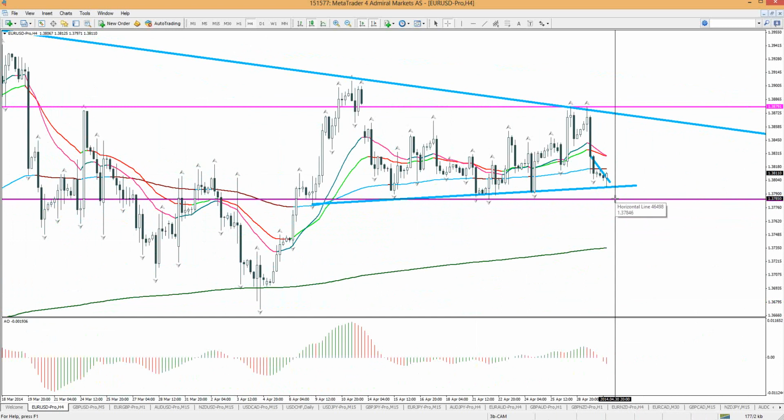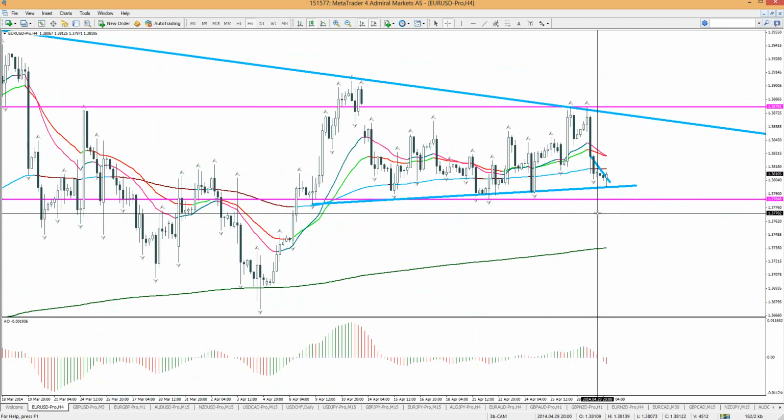The stop loss would preferably be below 137.85, maybe 137.90, below that level. The target could be all the way up at 139.70 or 140, maybe just below 140.